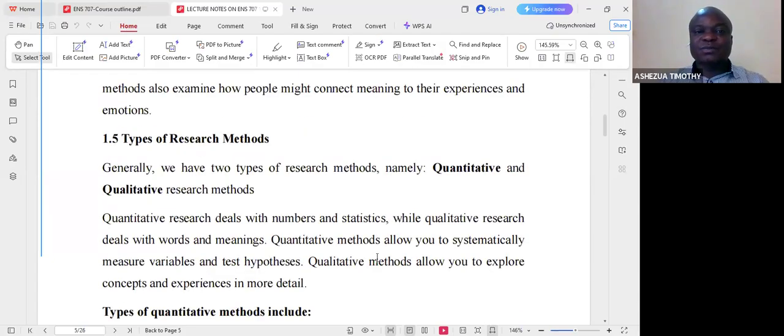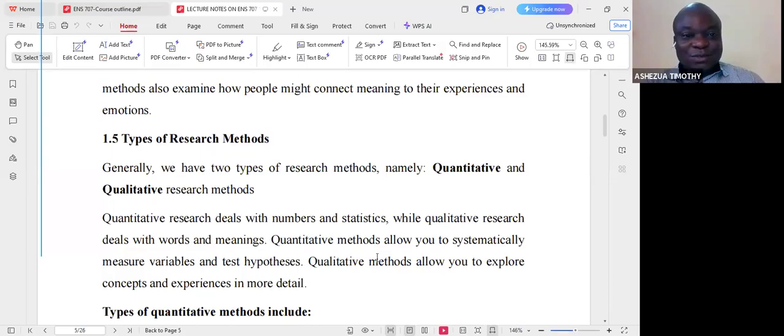So quantitative research methods deal with numbers, that's quantitative, and that informs the title of this course. It says quantitative techniques and research methods. So we'll be dealing with a lot of numbers and statistics, maybe as from the afternoon classes.